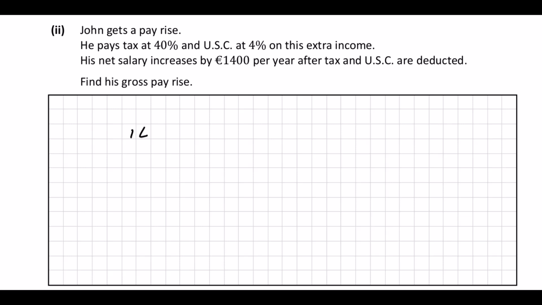Well, this 1,400 euros will be equivalent to 56%, because the 40% and the 4% are gone on tax and USC on the extra income, so that's 44%. So the remaining 56% must be represented by his net salary increase. That's equivalent to 56%. We've got to find his gross pay.